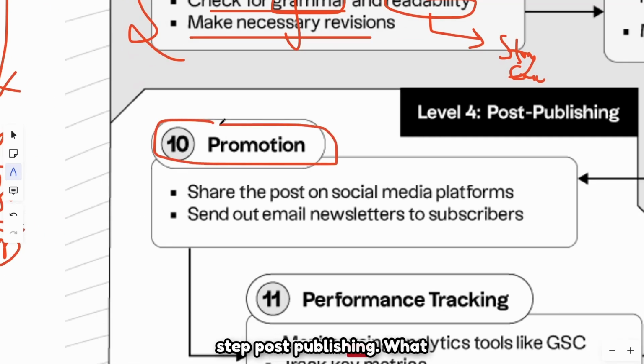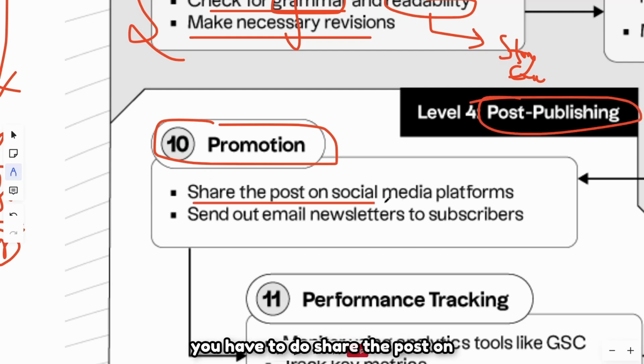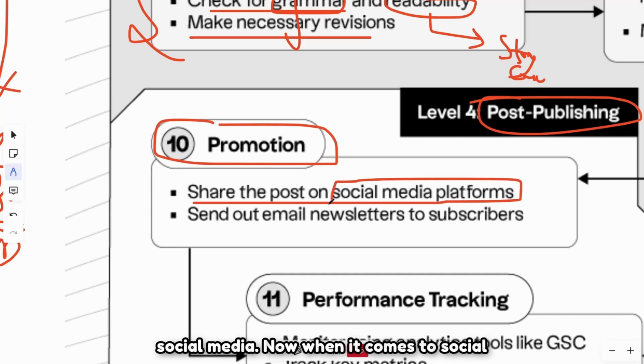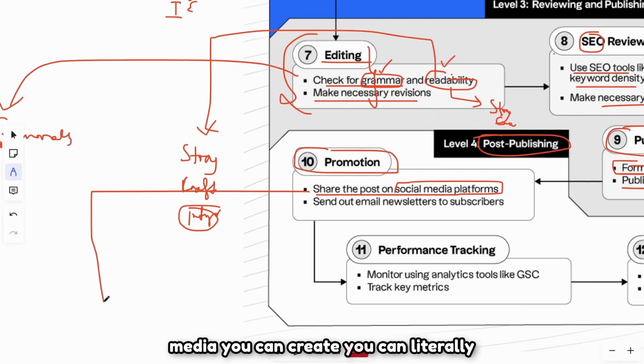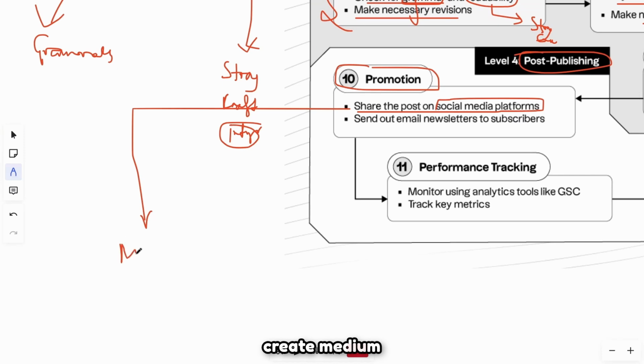Now the 10th step, post publishing. What do you have to do? Share the post on social media. When it comes to social media, you can literally create Medium, Quora, Reddit.